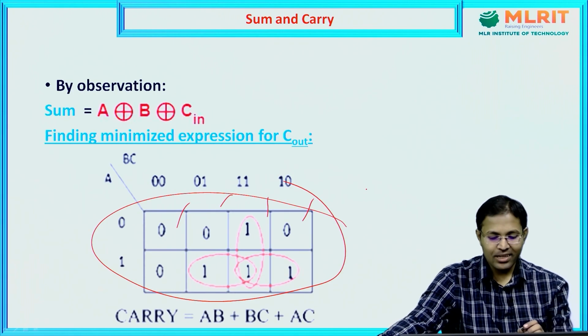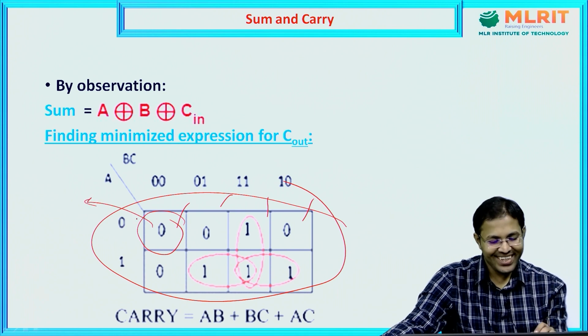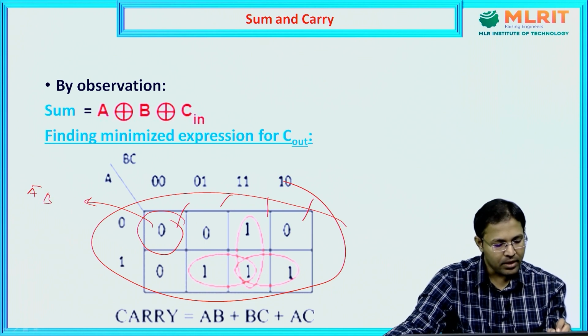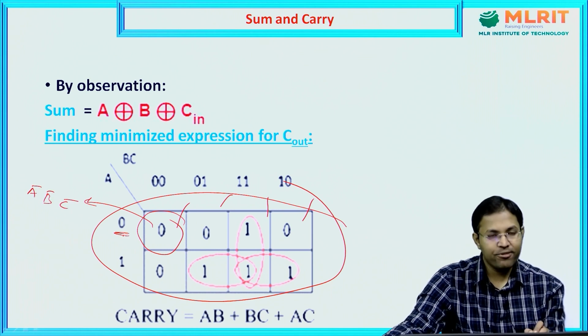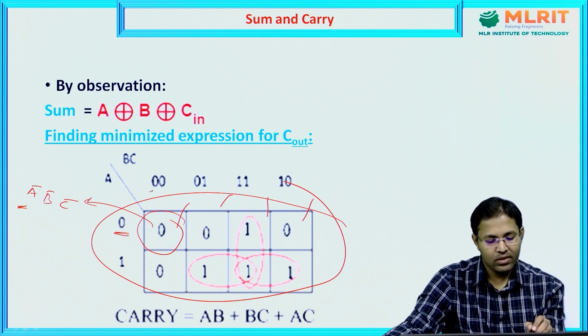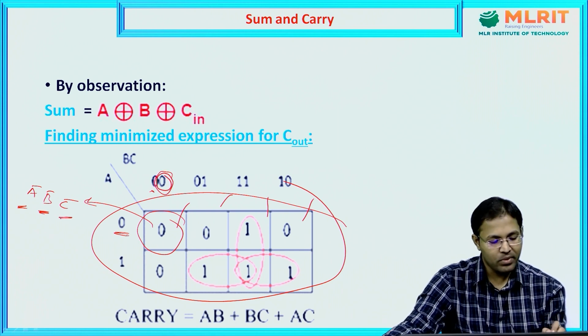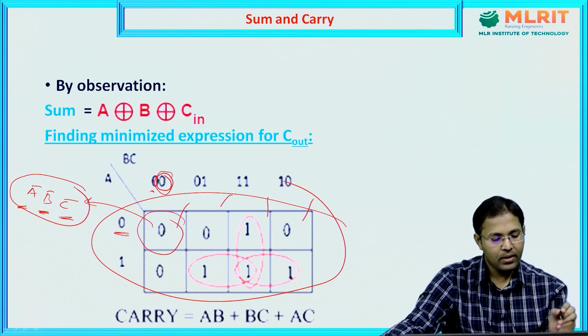For example, if you take this particular box, we can represent its value as A bar, B bar, C bar. How? Corresponding to A we have a 0, meaning A is in its complementary form. Corresponding to B we have a 0, so B is in its complementary form. Again corresponding to C we have a 0, meaning C is in complementary form. So this box represents A bar, B bar, C bar.